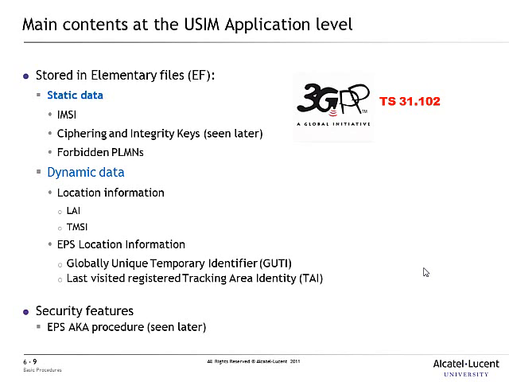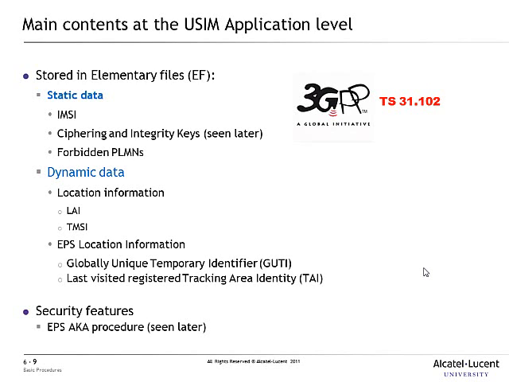And then when we moved to GPRS, we had the concept of P-TMSI, or packet TMSI. Now when we move to 4G, we are going to use an identifier that is referred to as Globally Unique Temporary Identifier, or GUTI.